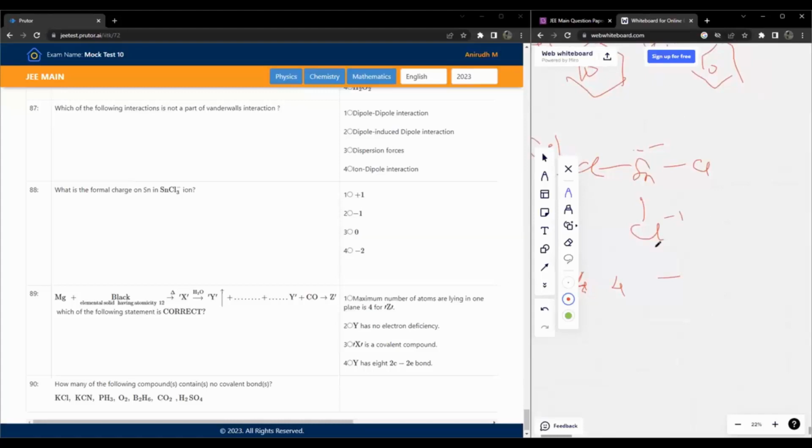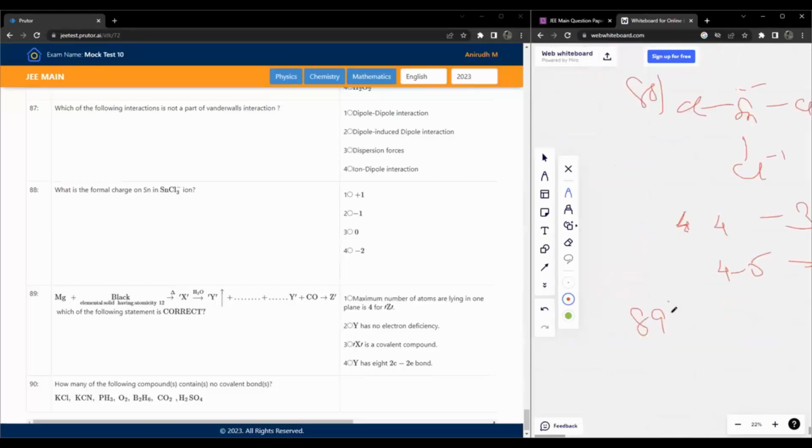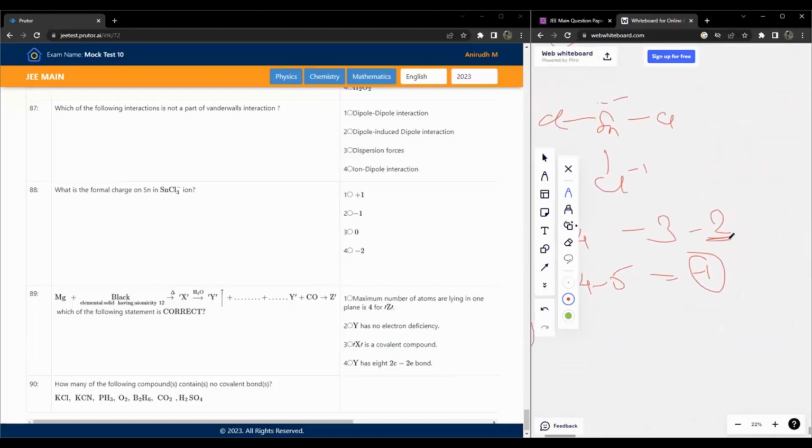You have a number of bonds as 3, and the number of lone electrons is 2. So that is 4 minus 5. That is -1. 89. Here you do not calculate the number of lone pairs, but you calculate the number of lone electrons, where you multiply 2 into the number of lone pairs. It's the number of non-bonding electrons basically.